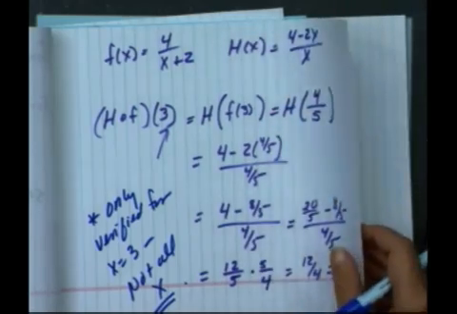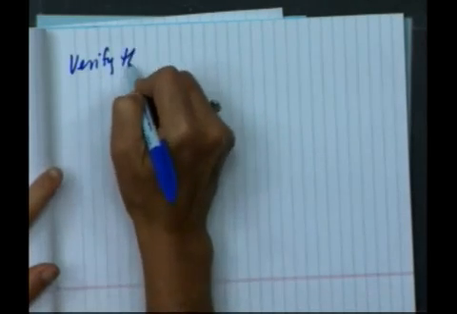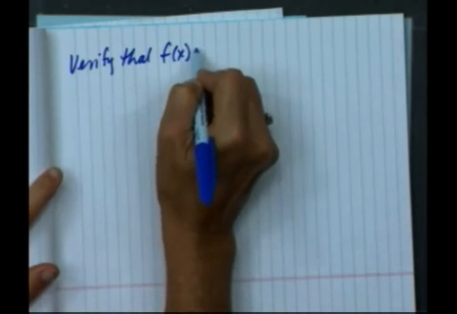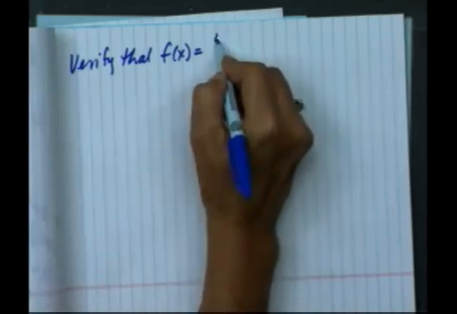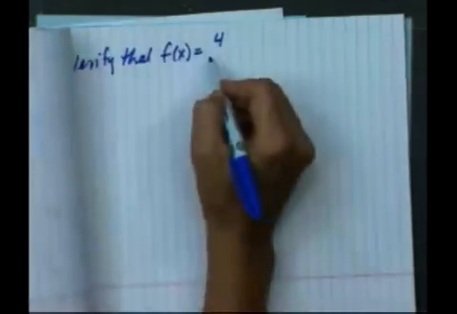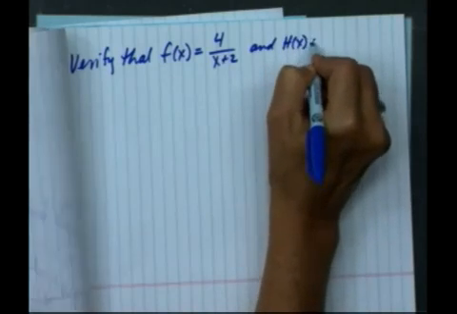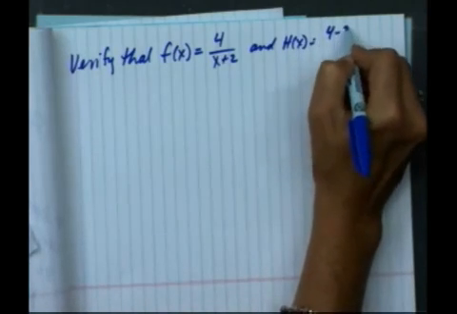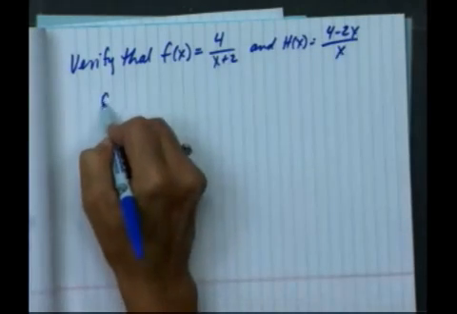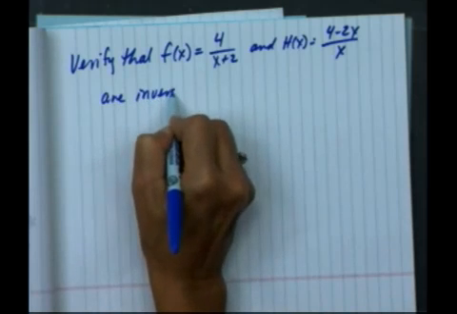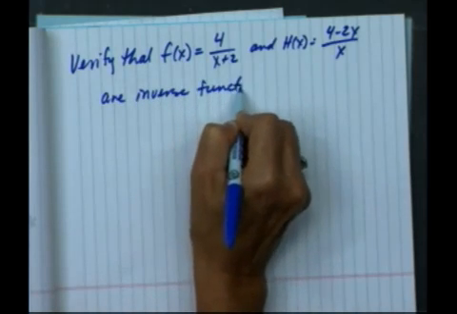I think the book uses verify. We used to call it prove a long time ago. Let me see, your book uses the word verify. So we want to verify that f of x, which is equal to 4 over x plus 2, and h of x, which is equal to 4 minus 2x over x, are inverse functions.